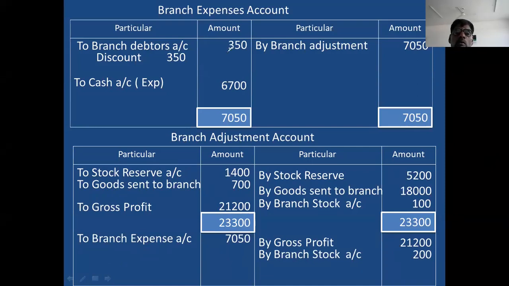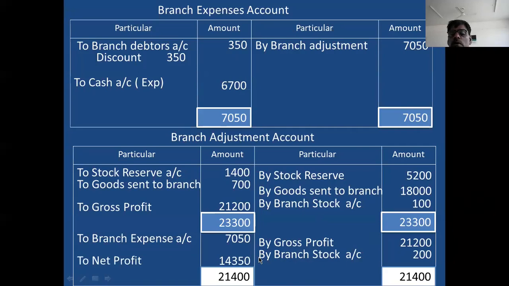I solved two problems based on surplus. 100 is loading, 200 is cost, total surplus is 300. This is the point you remember. Okay. Close the account, 21,400. Net profit 14,350. 14,350 is the net profit.